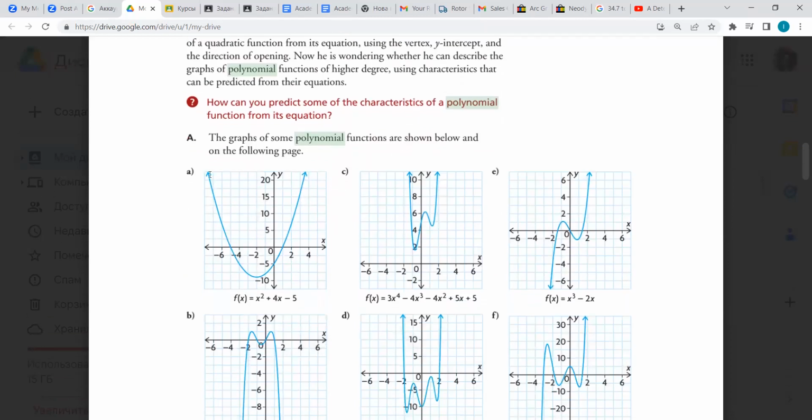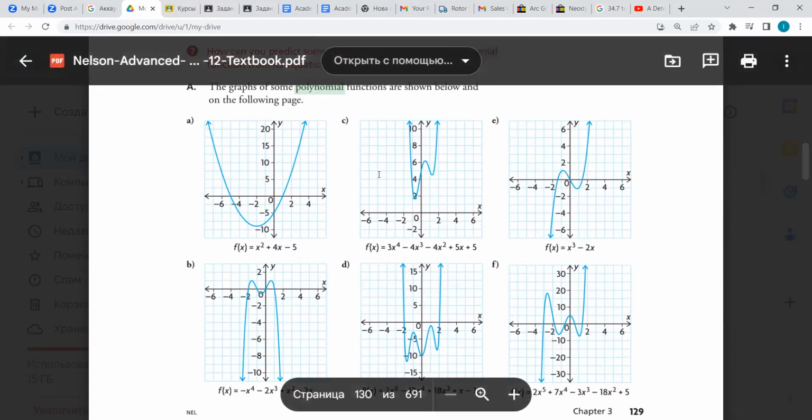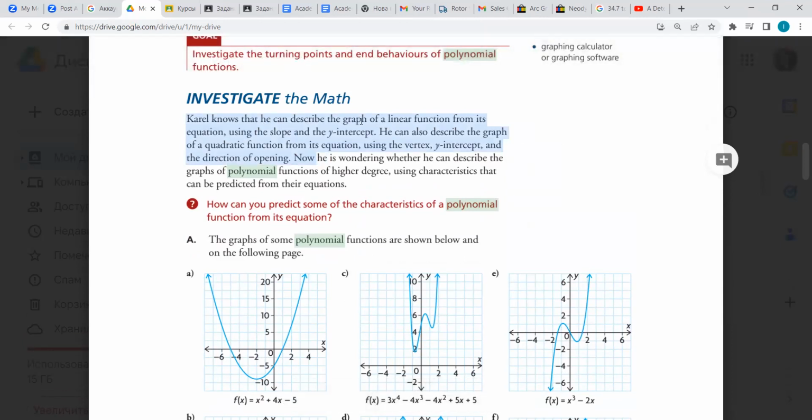So let's take a look at these examples of polynomial functions we see down below. Investigation says that Carl knows that he can describe the graph of a linear function from its equation using the slope and the y-intercept, which we all learned in previous courses.